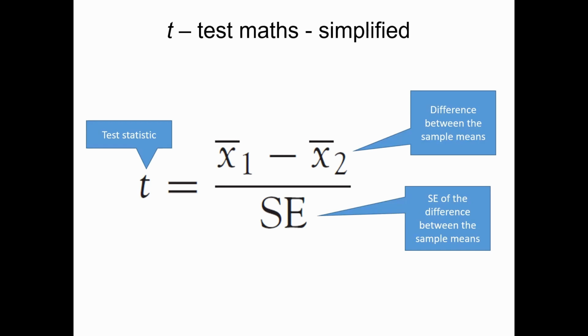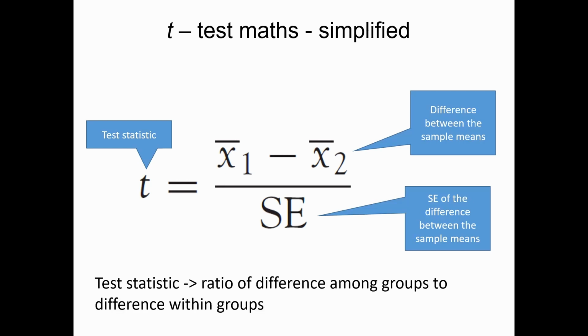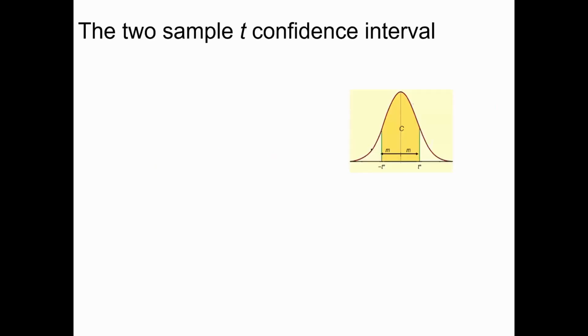But if you have a really big difference between X1 and X2, then even if your standard error variation is fairly large, you'll still get a pretty big T. Breaking it down, the test statistic is essentially a ratio of the difference among groups to the differences within groups. Again, we'll see that more when we look at other tests. So keep this in mind right now.